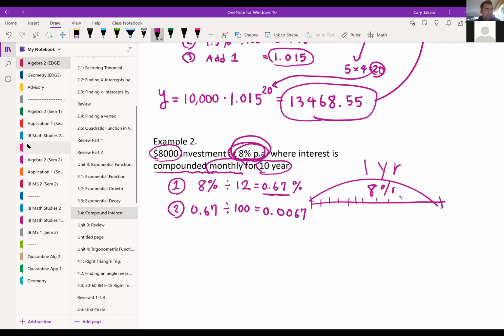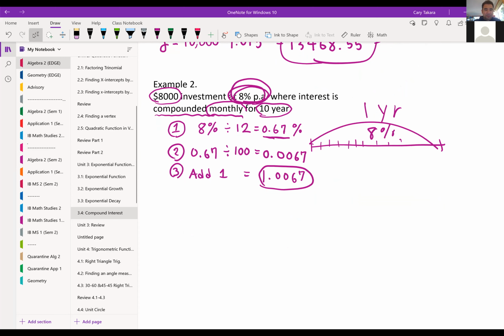Are you following this? And now you're going to add 1. So it will be 1.0067. Okay, and that's the rate that we are going to use.